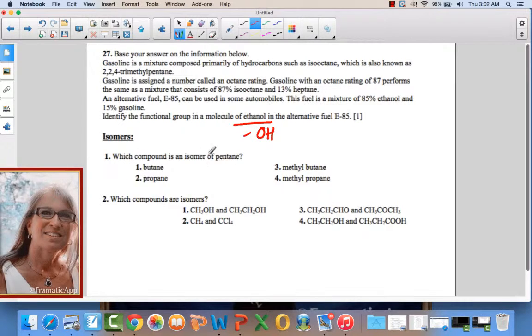Which compound is an isomer of pentane? Remember, isomer means same molecular formula, so the same number of C's, H's, O's, whatever's in it, and a different structural arrangement.